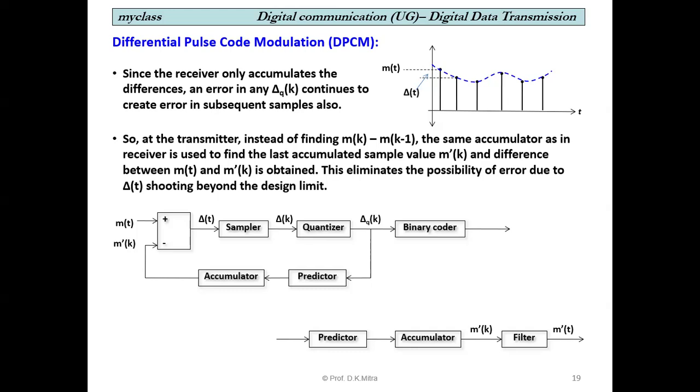What they do, they have designed a scheme like this. Now let us see what the scheme is. At the transmitter, see, let us see first the receiver side. This is the receiver side. When the delta signal is reaching the receiver, there is a predictor. The predictor predicts what should be the value of delta.